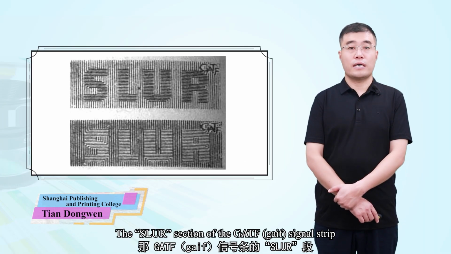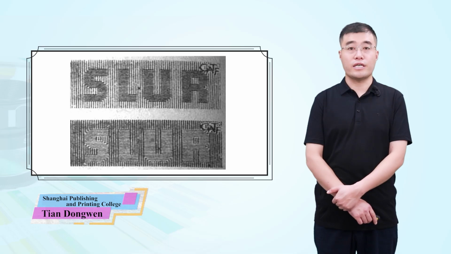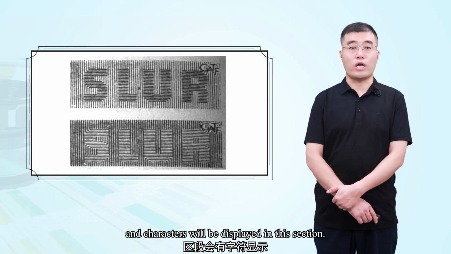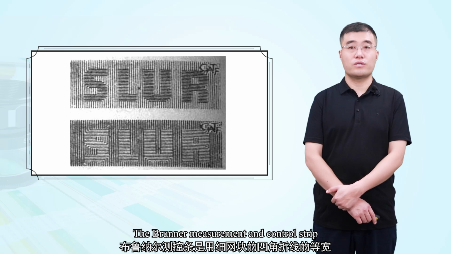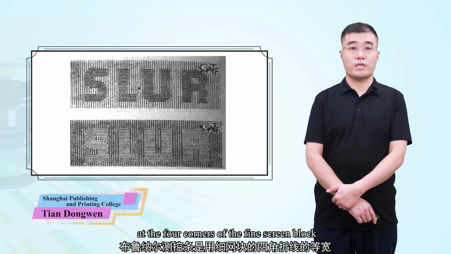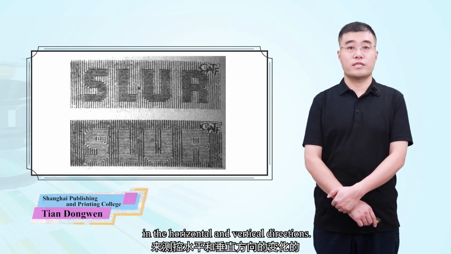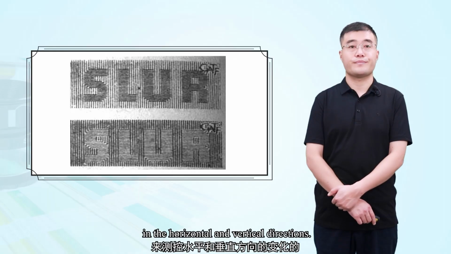The slur section of the JTEF (GAIF) signal strip is composed of equal width horizontal and vertical lines, meaning sliding ghosting, and characters will be displayed in this section. The Brunner measurement and control strip uses the equal width crease lines at the 4 corners of the fine screen block to measure and control the changes in the horizontal and vertical directions.